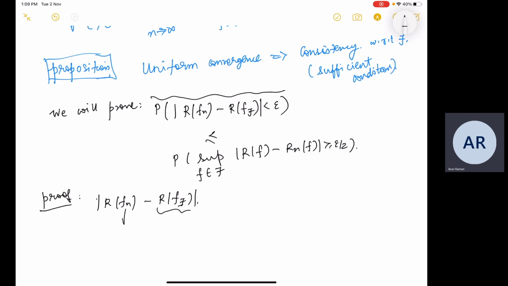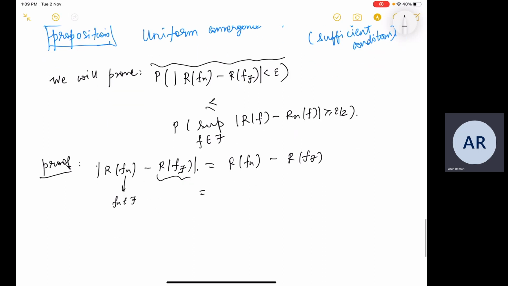And fn belongs to script F, and f script F has the smallest risk by definition. So this can just be written as R(fn) minus R(f script F). So the left hand side will always be greater than 0, and we can drop the absolute value.